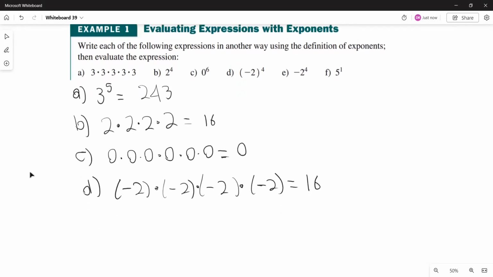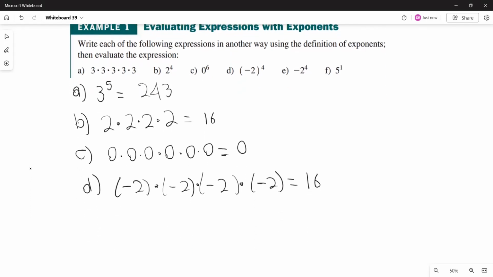Any part, just be careful with the grouping symbol. Negative 2 to the 4th is the opposite of the product of 4 twos. And part F, any number to the first power is going to be the number itself. That is, we're multiplying 5, well, only one, so we only have one 5.